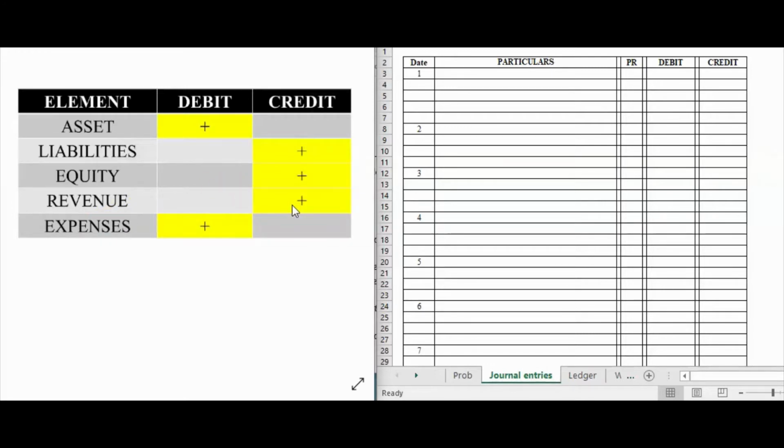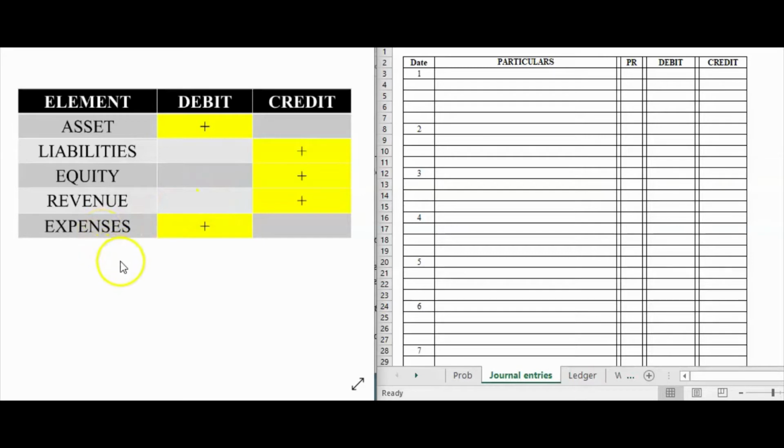Pag ang business mo naman is a merchandising business, nagbibenta ka, then you can call your revenue as sales. These account titles, if it increases according to the transaction, dapat i-credit mo yan. Pag nabawasan naman, i-debit natin yan.